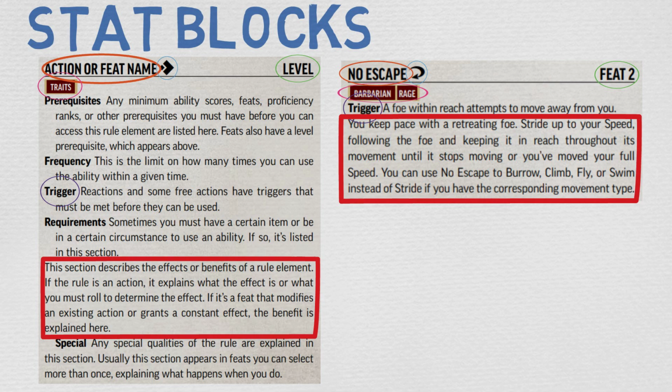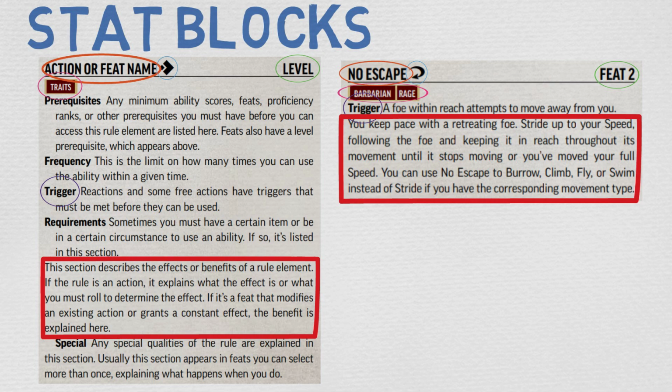In the case of our example, you keep pace with a retreating foe, stride up to your speed following the foe and keeping it in reach throughout its movement until it stops moving or you've moved your full movement speed. You can use No Escape to burrow, climb, fly, or swim instead of stride if you have the corresponding movement type. Very cool stuff.